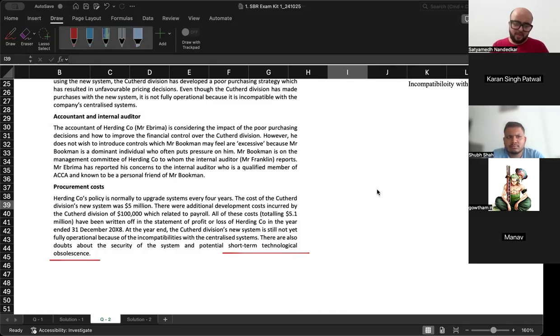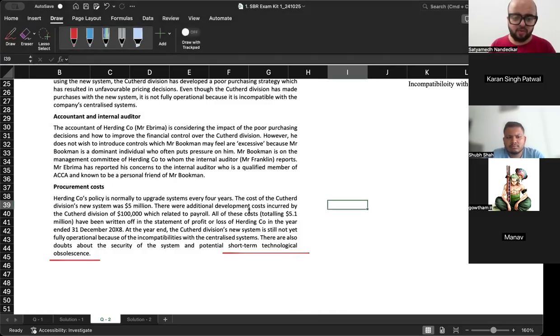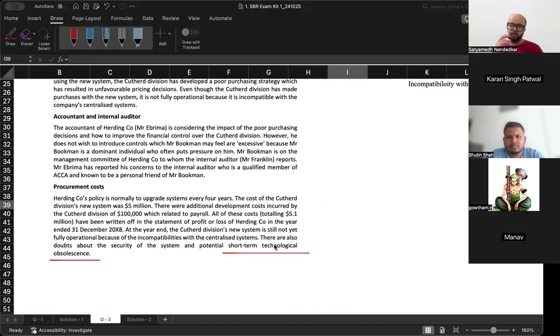Okay, the system is incompatible with other systems used by the organization, so technical feasibility is also a problem. Don't you agree? Yes, sir. Technical feasibility is also a problem. Then, owing to the above reasons, it is incorrect to capitalize, because you have disproved two important conditions. You disproved the fact that there is probable inflow of economic benefits.